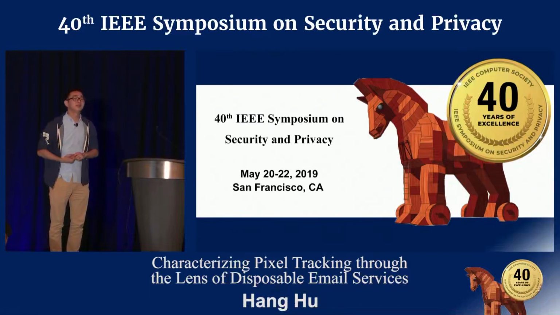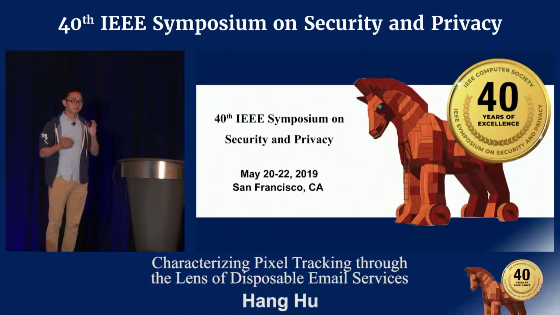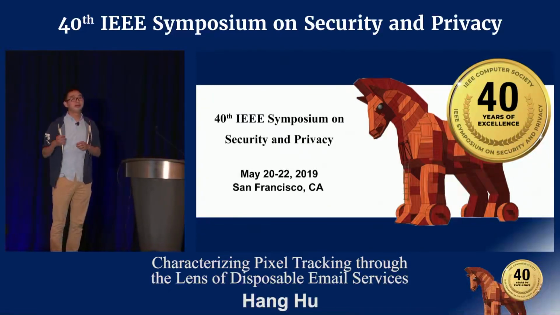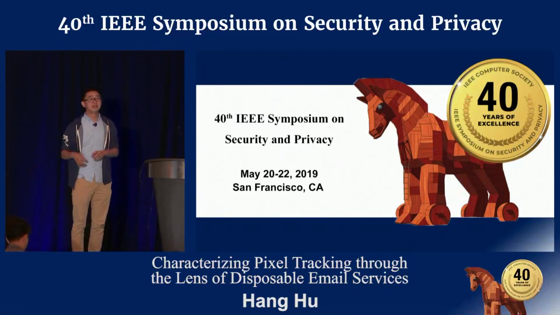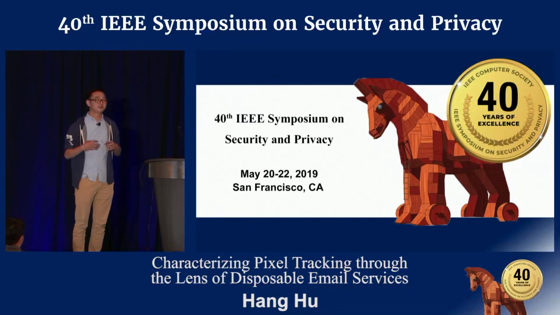Yeah. We have noticed a lot of the popular email providers are doing this, such as Gmail proxying the requests sent to the external resources. But we didn't observe any of those disposable email services doing this. Okay, thank you.